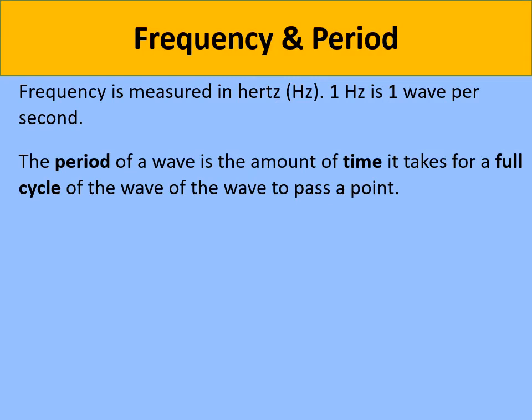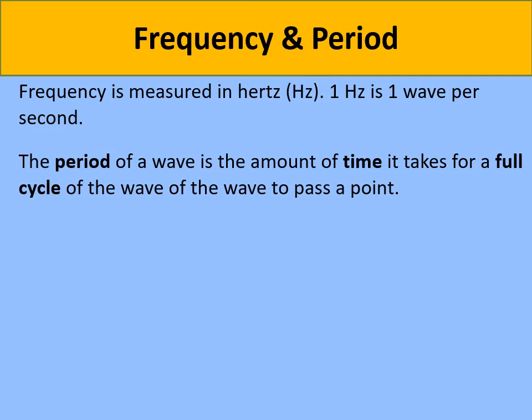There's another important quantity which is called the period of a wave, and this is the amount of time it takes for a full cycle of the wave to pass a point, or a full cycle of the wave to be completed. In other words, it's the length of time between one crest passing a point and the next crest passing the same point.